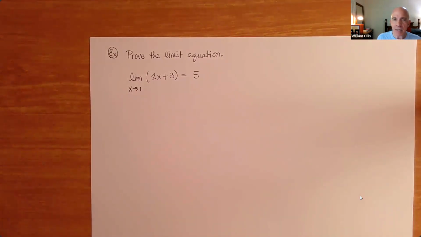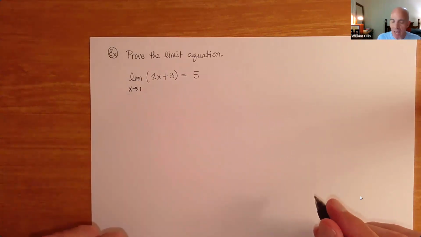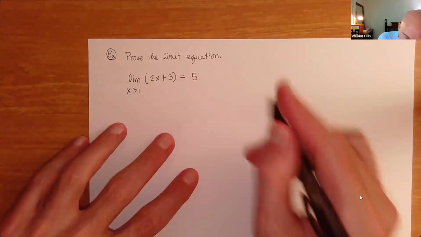That is, intuitively, if x is getting very close to 1 arbitrarily, very simple function, no radicals, then 2x is close to 2. Again, say 1 and a tenth, 1 and 1/100th, 1 and 1/1000th. If you're just approaching 1 from the right, 2x is close to 2. You add 3 to 2, you get 5. So intuitively, this makes sense.